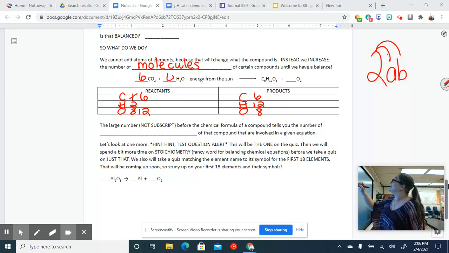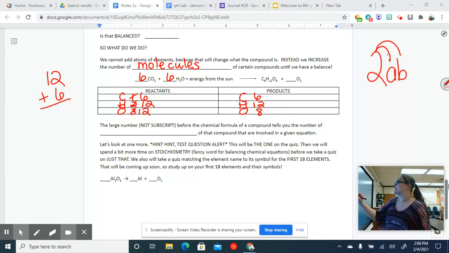So 6. That's going to give me my 12 hydrogens, and it's also going to give me 6 times 2, which is 12 oxygens, plus 6 from that one. So 12 plus 6 equals 18 total oxygens. Now I've got to get 18 oxygens over here. It's very tempting to just put a 9 right there because 9 times 2 is 18.